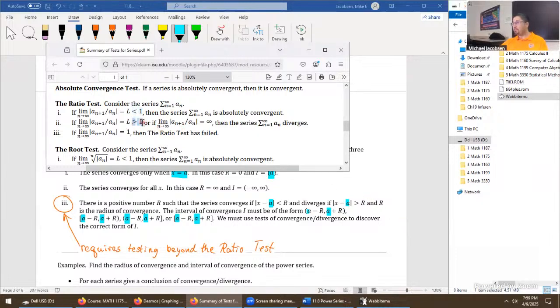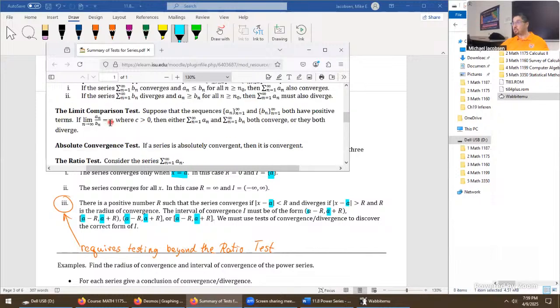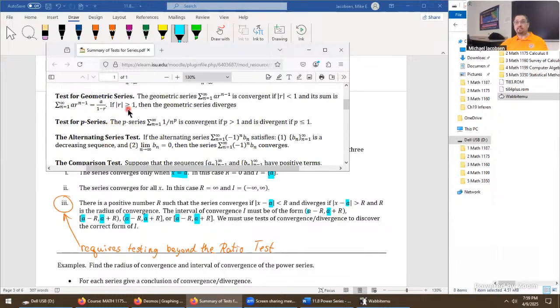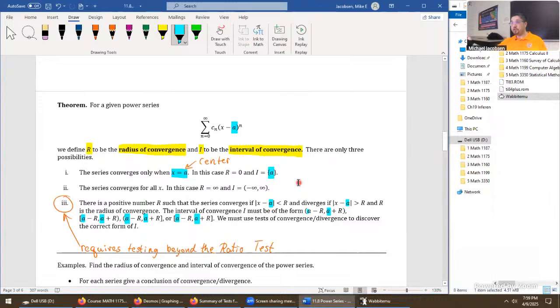We're talking about this case. But there was no case to talk about equals 1. This is where the ratio test fails. It fails on the boundary values, and that's where we're going to have to use the other tests like these above. Or perhaps a harmonic series or alternating harmonic series comes up. If those happen to be in the problem, we'll just state them and their known convergence or divergence.